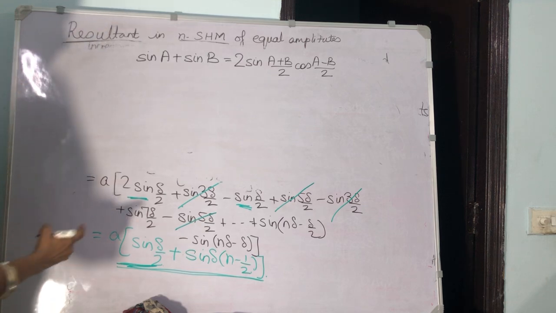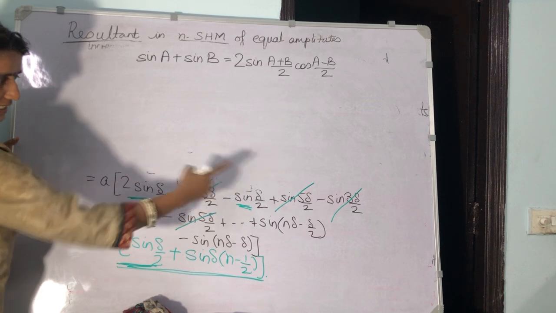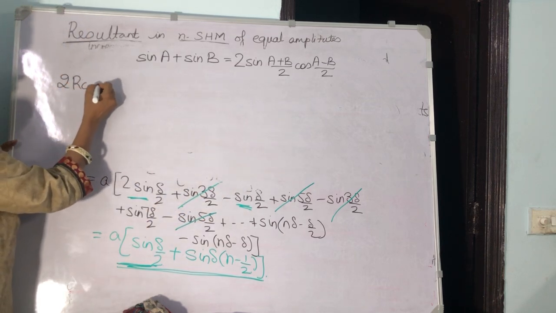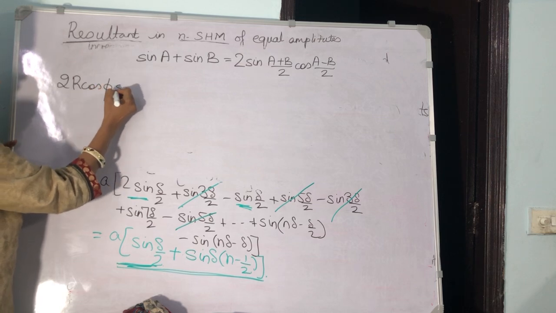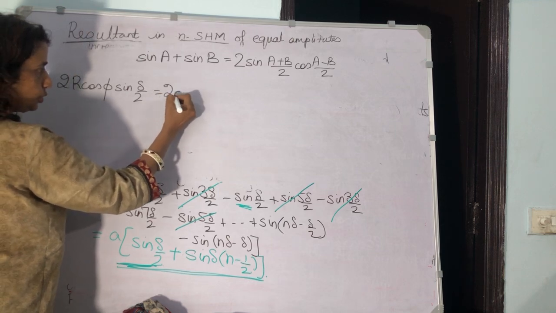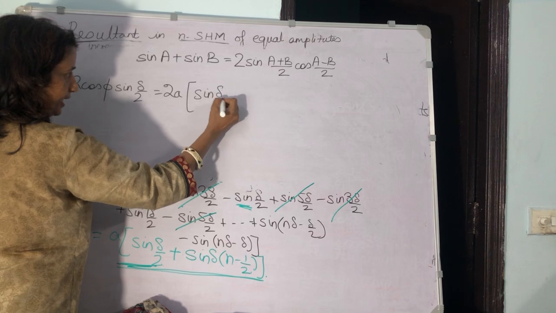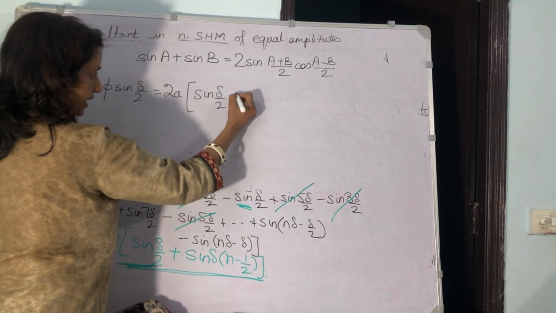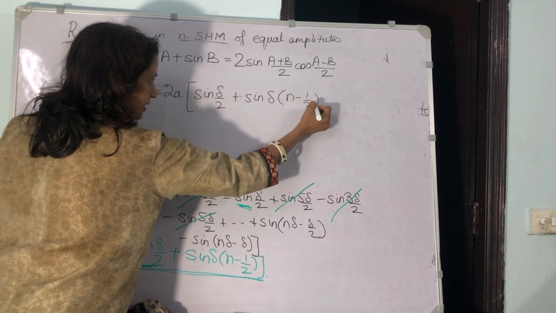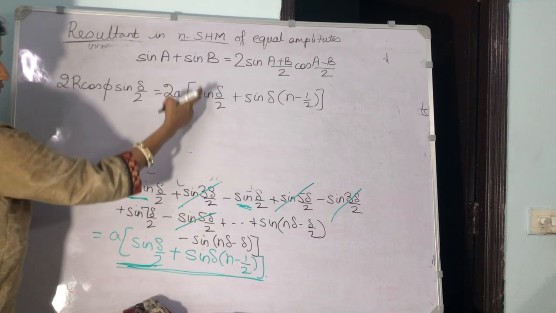Right? Now we will use this formula for these terms, because inside all the terms have got cancelled. So we are left with 2r cos phi sin del by 2 is equal to 2a into sin del by 2 plus sin del into n minus half. Right? So we will apply this formula here.